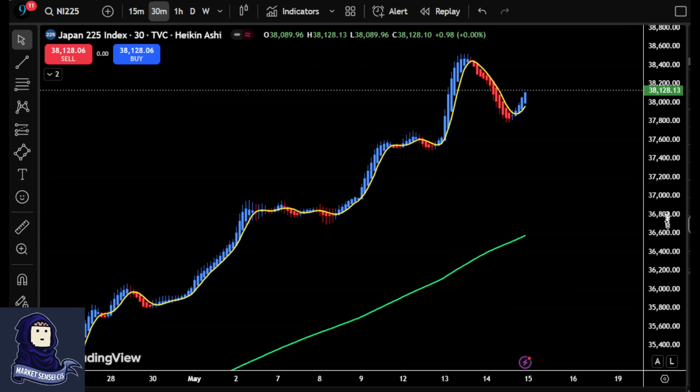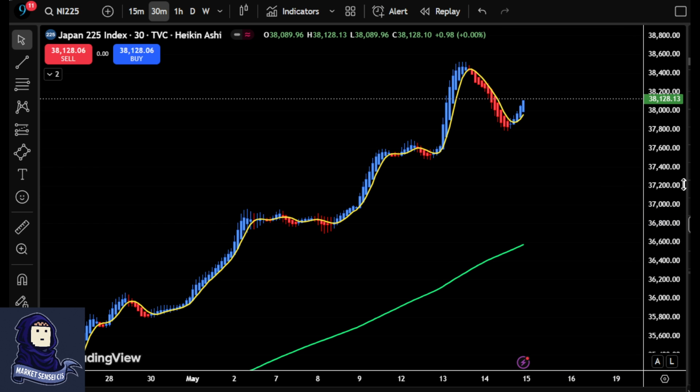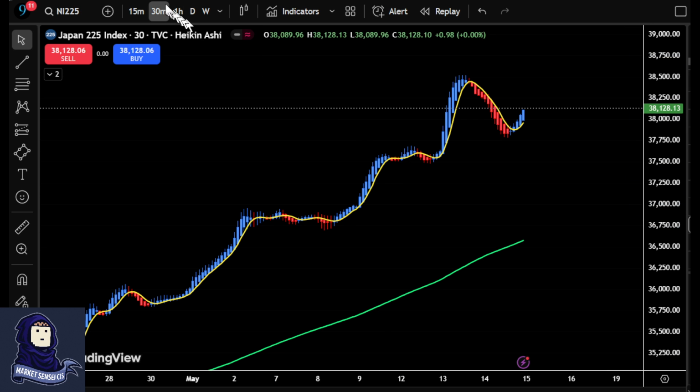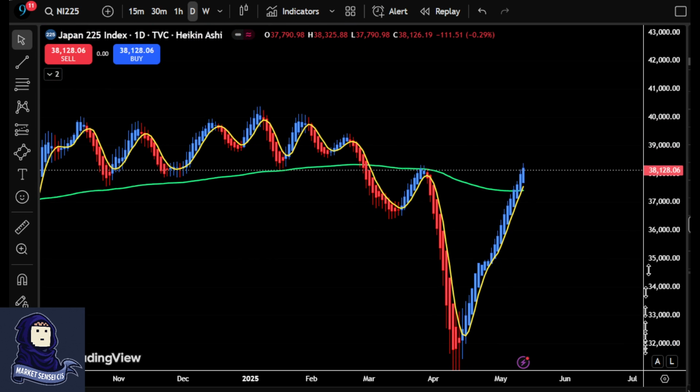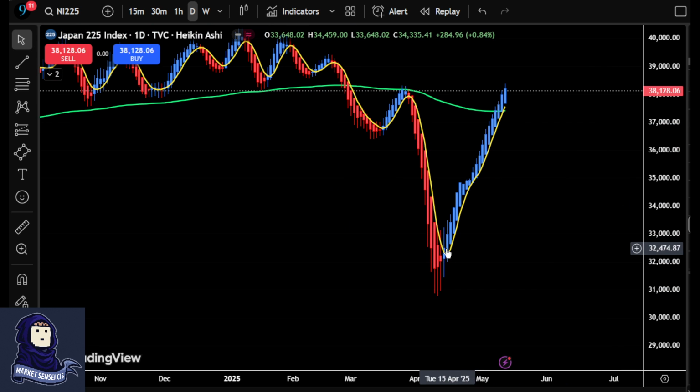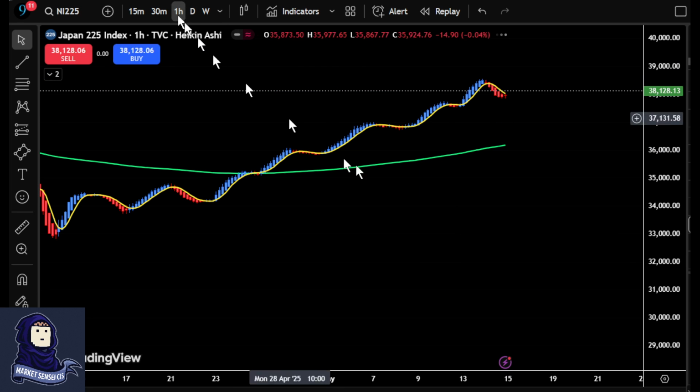It's not wrong, but then you will miss out on some better entry points. So just like here, you see the momentum goes up, the candles are all good, looking good. So you try to enter on the momentum when it's going upwards.